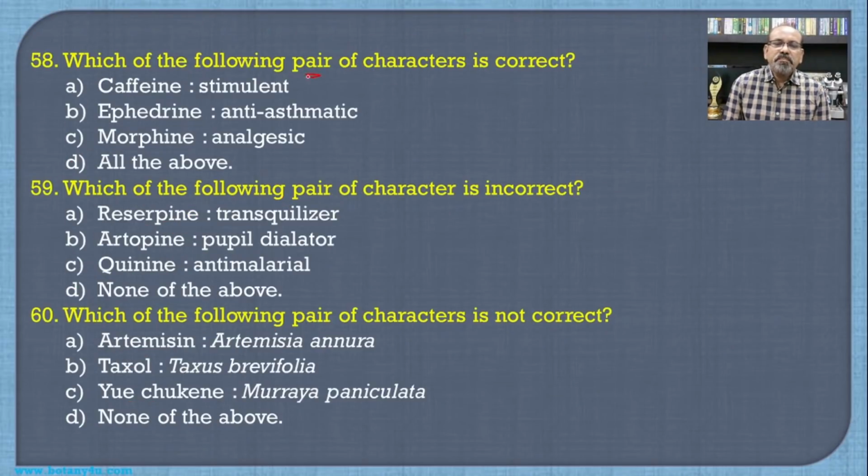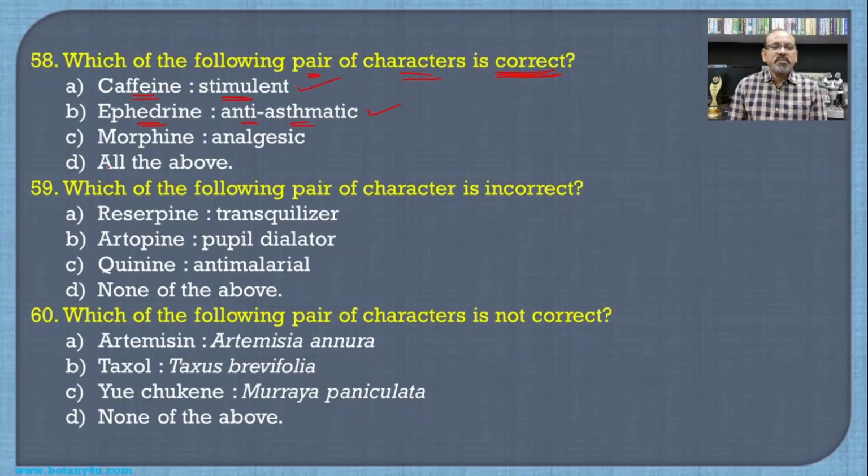Then which of the following pair of characters is correct? You should always read it properly. In a question it may be asked whether it is correct, not correct, incorrect, etc. So caffeine is a stimulant, and it is correct. Then ephedrine is an anti-asthmatic.